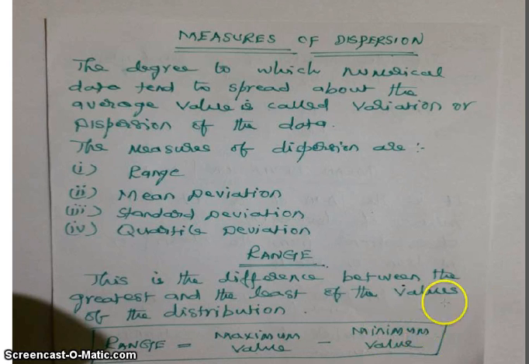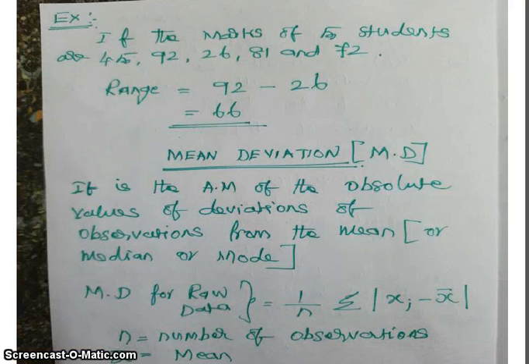Here I have given a simple formula to calculate the range. Range is equal to maximum value minus minimum value in the given set of data. So that is the range within which all the values occur in a given data set.